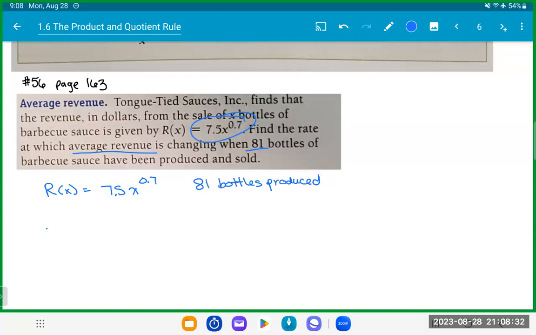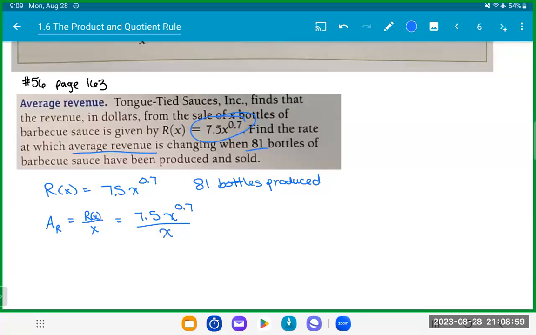My average revenue is going to be my revenue divided by the number of bottles I sold. So that is 7.5x to the 0.7 over the number of bottles I sold, which is 81. Or not 81, we don't want to do it right now.